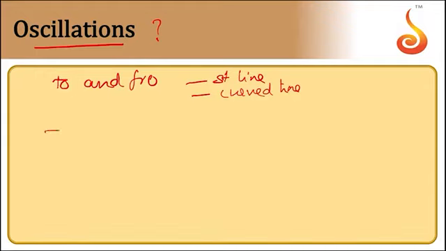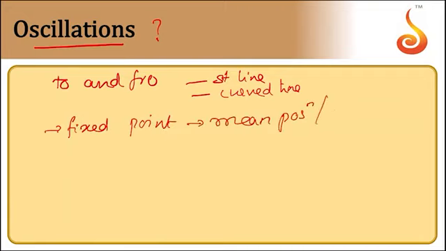The fixed point about which the motion takes place is known as mean position, or this is also called the equilibrium position.